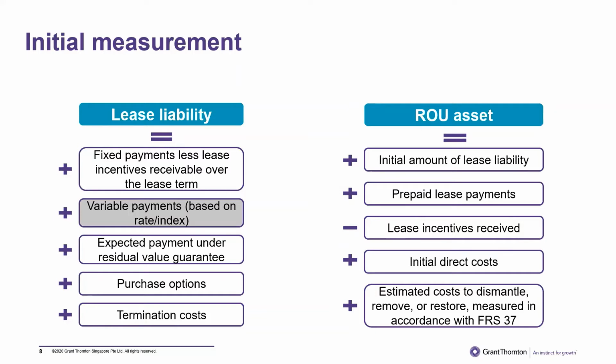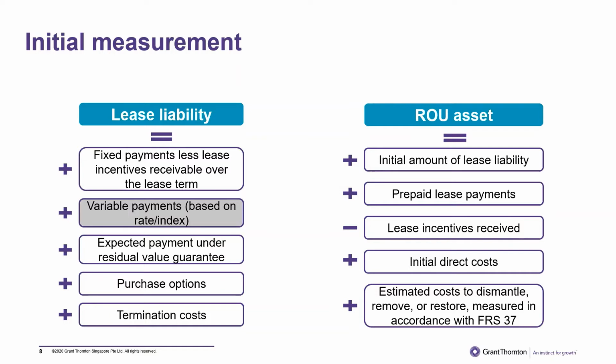In payments based on an index, the most common ones would be payments which are readjusted based on a consumer price index or an inflation index or a market index. In such cases, when you recognize your lease, you will take the latest available data as the base case. Let's say you start with a base of 100. Next year, the consumer price index increases from 100 to 120.